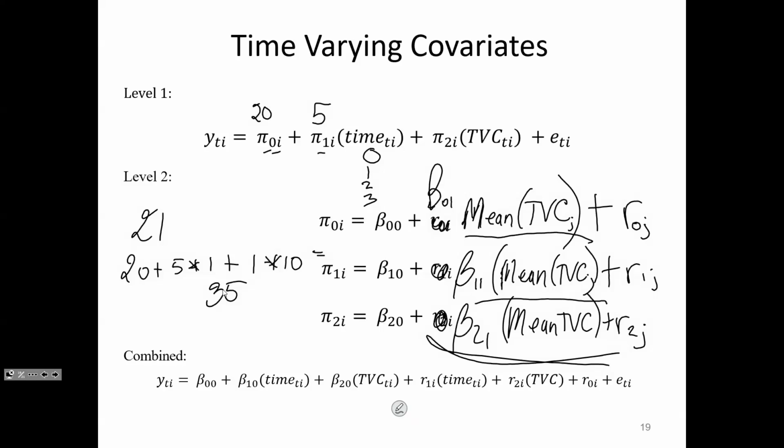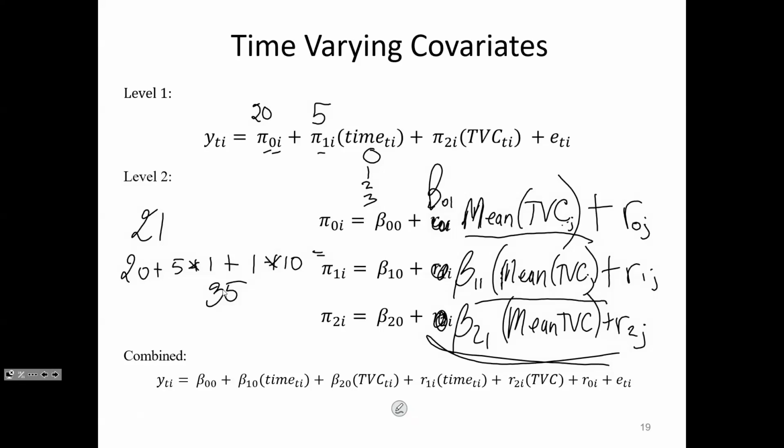I can imagine that you would most likely be able to think of reasons why it would make sense to put the average value of the time varying covariate in as a predictor of both the reading intercept and the slope. Maybe you think it's going to influence the effect of the time varying covariate itself or not. I can think of lots of cases where it does make sense, and other cases where I don't know if I buy that, but you don't have to put it in as a predictor in all 3 equations necessarily.